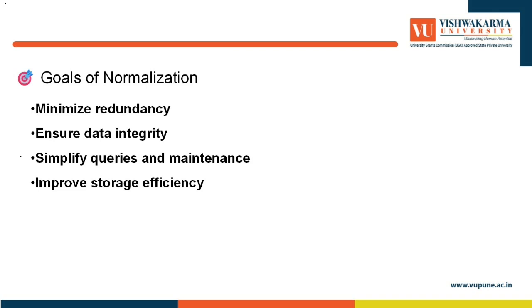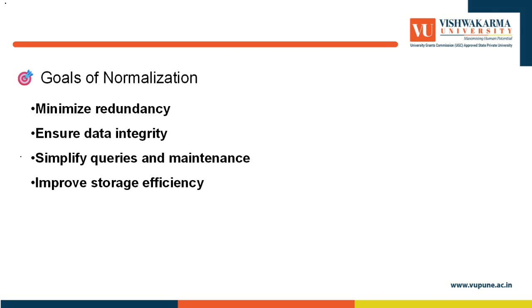Normalization fixes that by organizing the data smartly. Second is ensure data integrity. When your data is clean and well structured, it's much easier to maintain accuracy, no more mismatches or inconsistent values across the database.